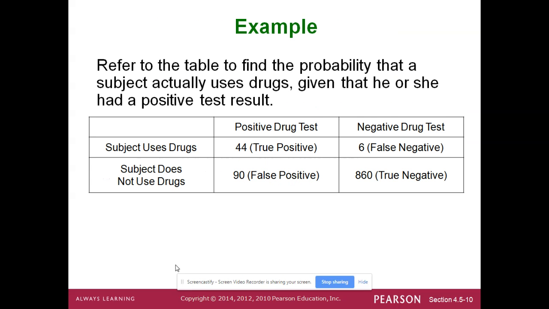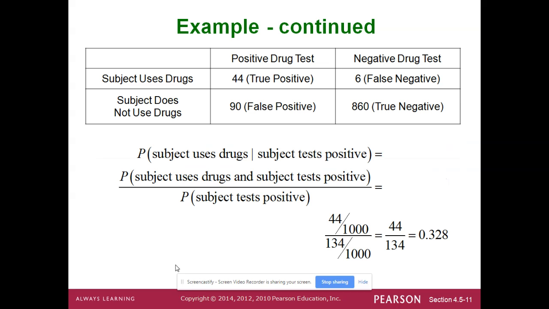So we're finding the probability the subject actually uses drugs, given that they have a positive test. Think about drug testing: from all the people that are positive testers, it's only a 32% chance that they actually do use drugs. That makes you think about that a little bit more because of the statistics. But that's with that particular type of test.